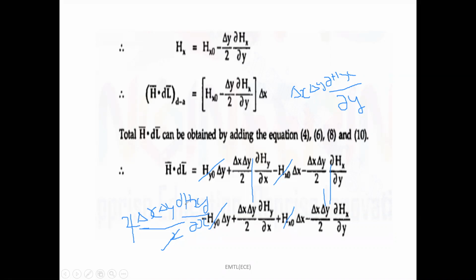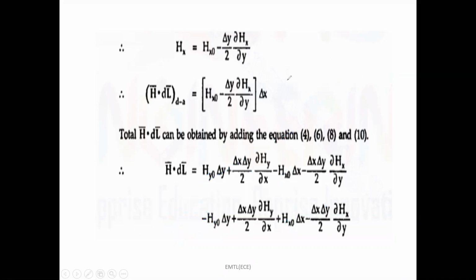So by taking common delta x and delta y, the integral of H bar dot dl bar is equal to dou Hy by dou x minus dou Hx by dou y, which is the resultant value.